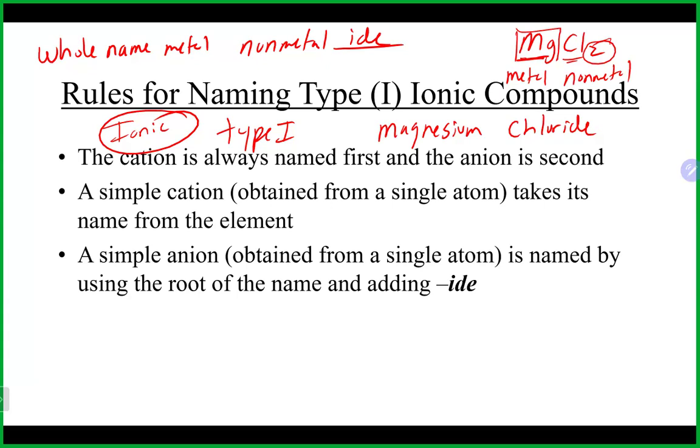The 2 is there because, in order to balance out the +2 charge on the magnesium, we need two of those chloride ions. So it has no effect on the name. You could have 400 chlorides and 200 magnesiums, and you would still just call it magnesium chloride and probably have the wrong formula, but it has no effect on the name. Any questions on that?